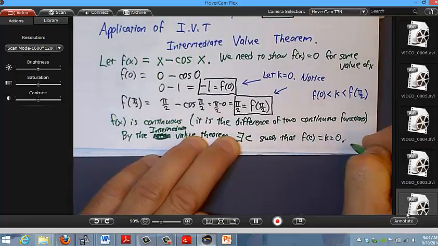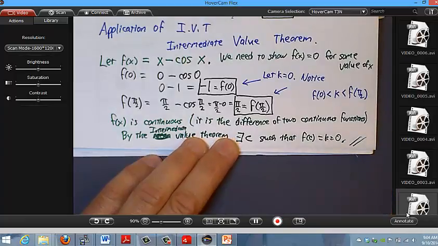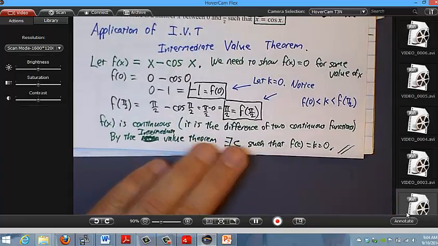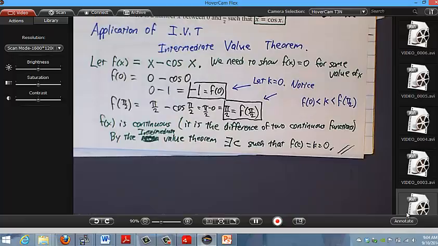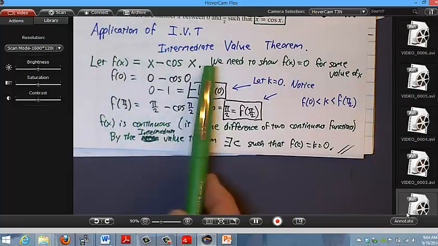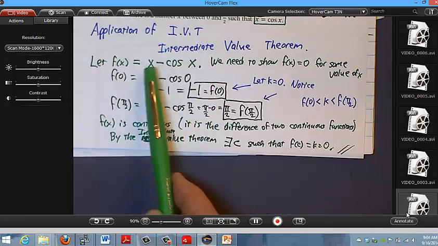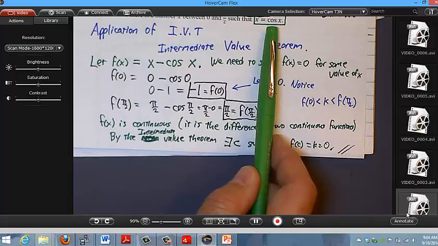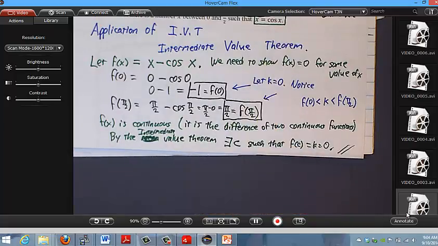And we're done. Because if we get f of x to equal 0 somewhere, then we have x equaling cosine x also. Do you understand?